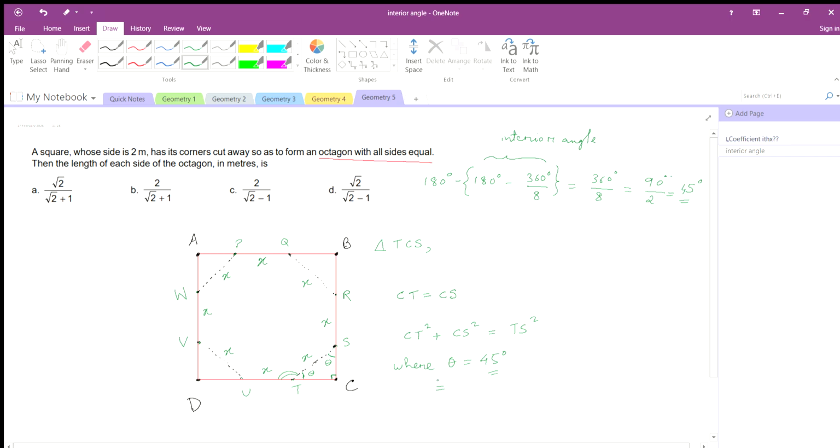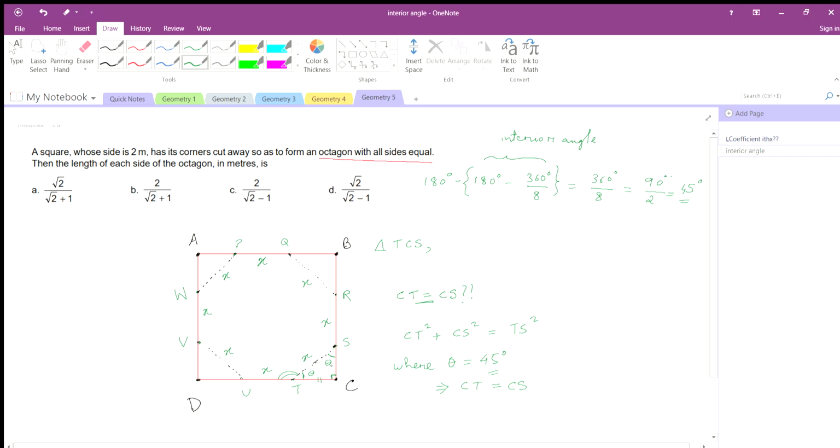So what we will get from here? I have to find the relation, right? CT equal to CS. The relation is basically CT and CS are equal to each other. Why? Because these two angles are 45 degree and sides opposite to equal angles are also equal.